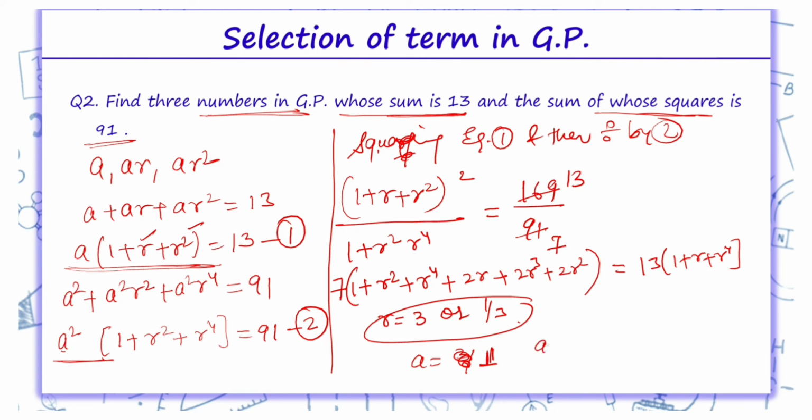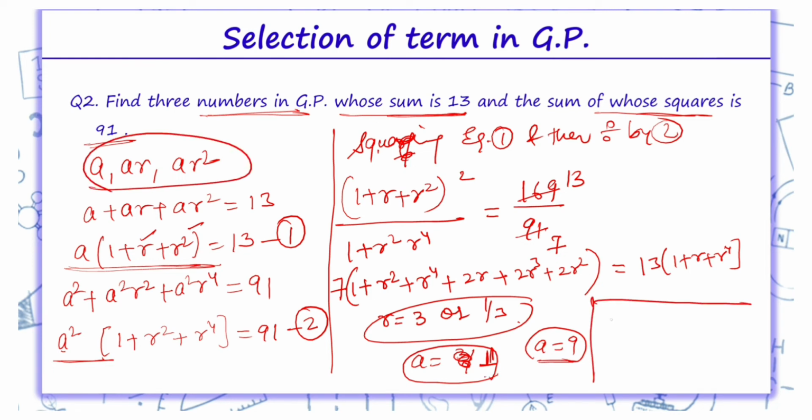Thus the 3 numbers in GP will be 1, 3, 9 when R is 3, and when R is 1 by 3, 9, 3 and 1. So these are the 3 numbers which we can get over here.